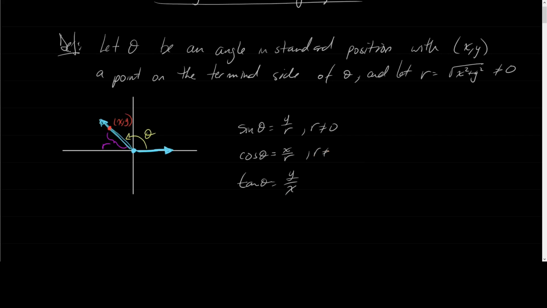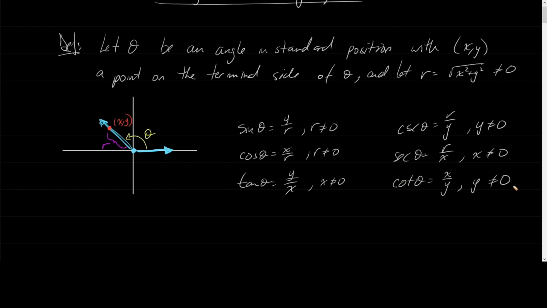And here r can't equal 0, and here x can't equal 0. Not cosine. Cosecant would be r over y, and here y can't be equal to 0. Secant would be r over x, where x cannot be equal to 0. And cotangent theta would be x over y, as long as y is not equal to 0.